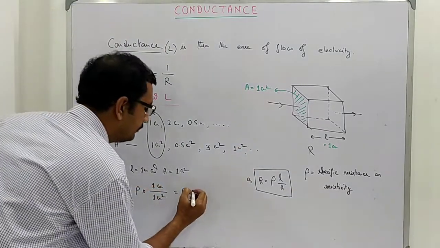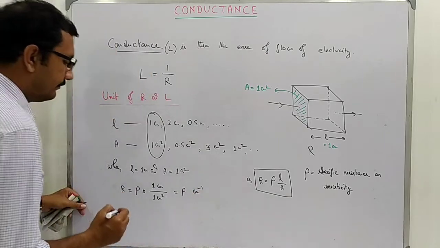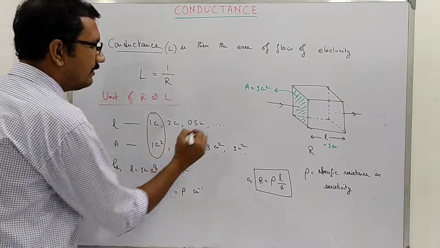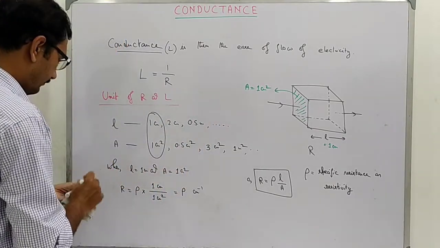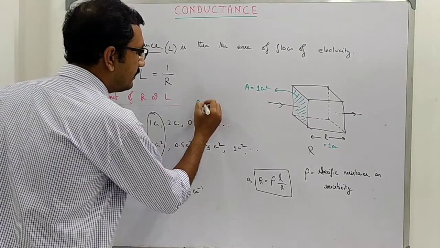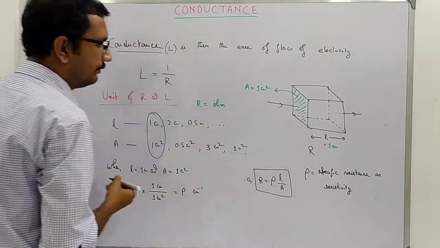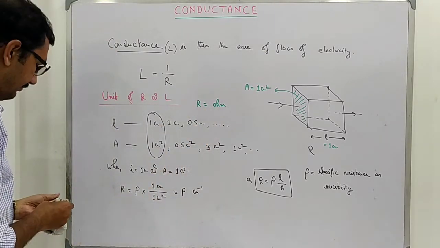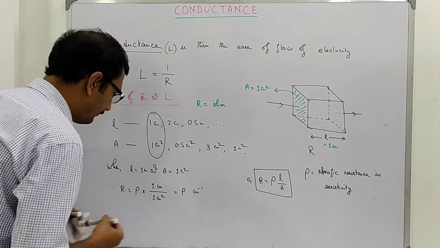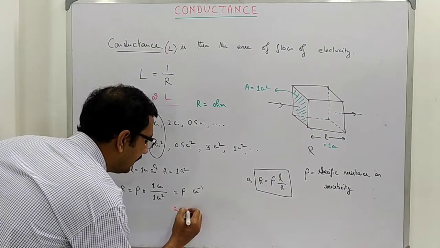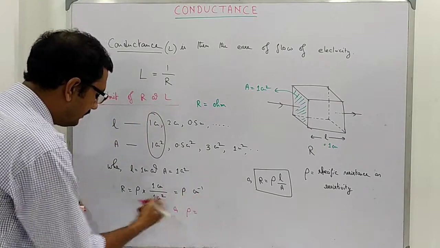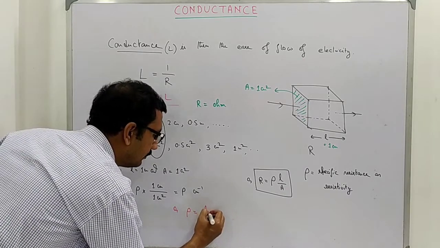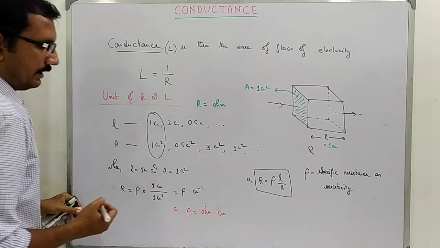Now, we get here rho centimeter inverse. So, what will be the unit of R? Now, we know the unit of resistance is ohm. So, for resistivity we will have rho equals to, we take this centimeter inverse to the left hand side and we put ohm for R. So, it will be ohm centimeter.